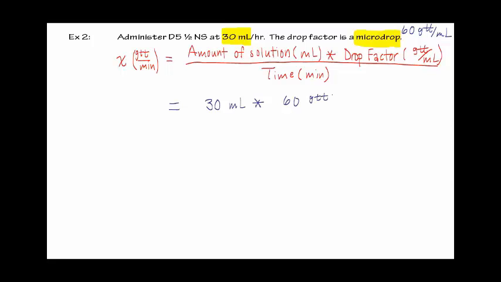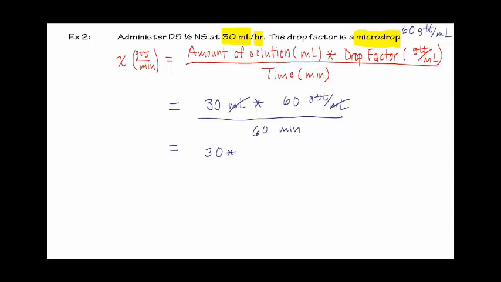And then we're going to divide that by the time. Again, we are working with 1 hour, which we will represent as 60 minutes. So the milliliters divide into each other, and here we have 30 times 60 GTT all over 60 minutes.